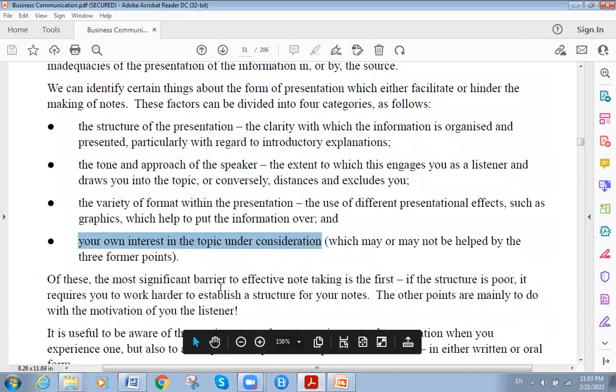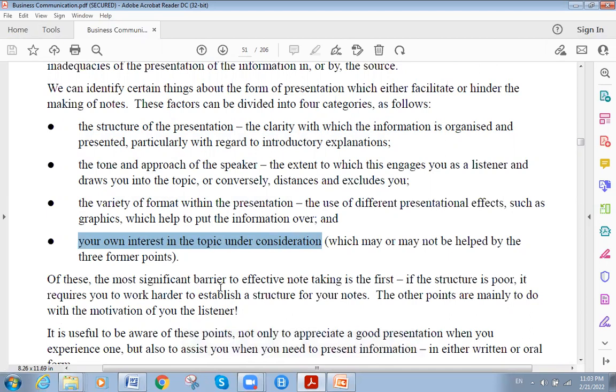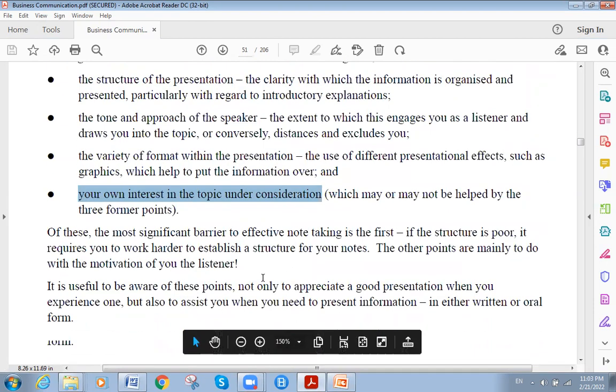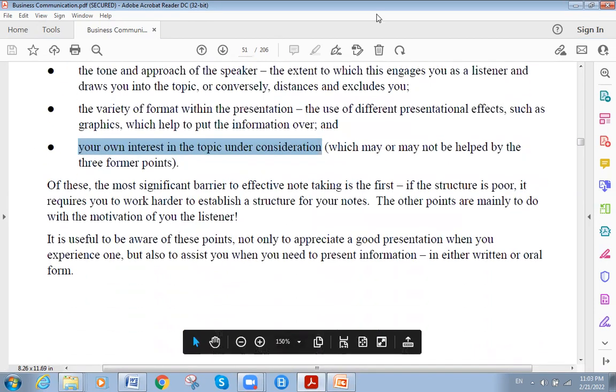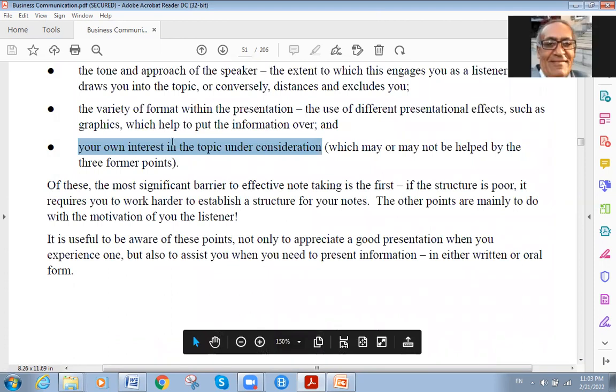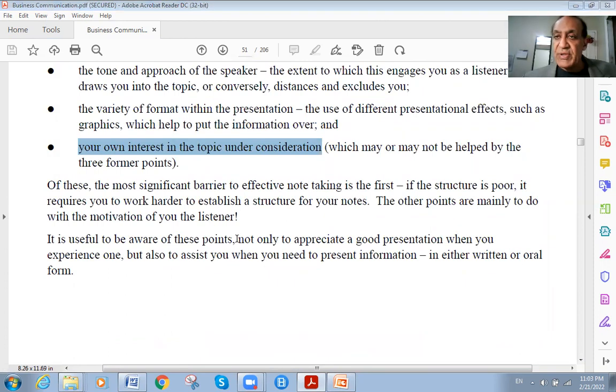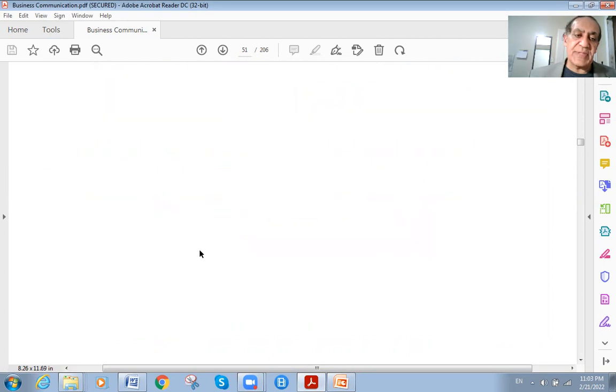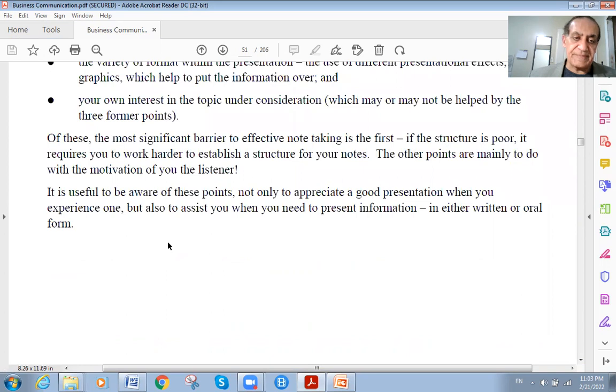When you are more interested, you will be eager to take more and very accurate notes. If you are not interested, you will not take notes. It also depends on the way the lecture is organized. So taking notes depends on many points.